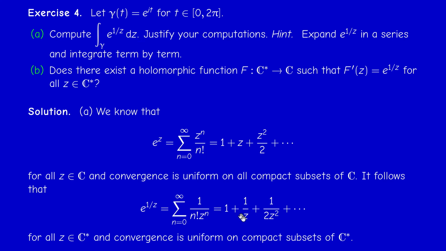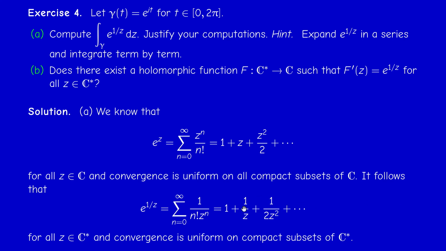Now, the second one, the integral is not 0, so we leave it. The third one, also 1 over 2z squared has an antiderivative, and the antiderivative is given by a constant times z to the minus 1. So by Barrow's rule, again, the integral of the third term is 0, and similarly for the other terms.